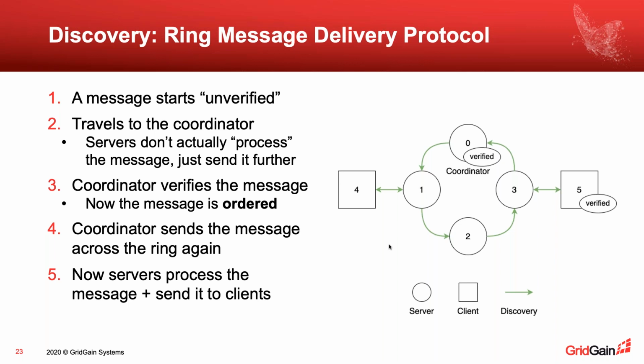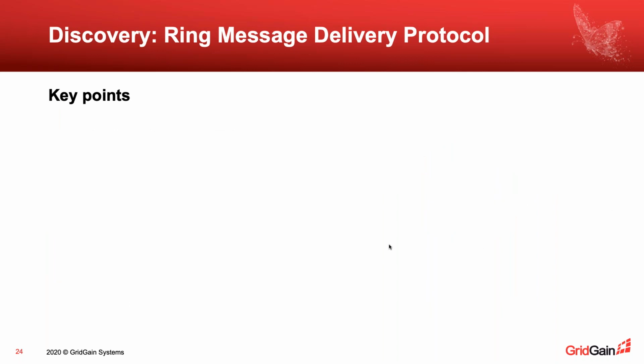And this is how we know that the message is processed on every node of the grid.